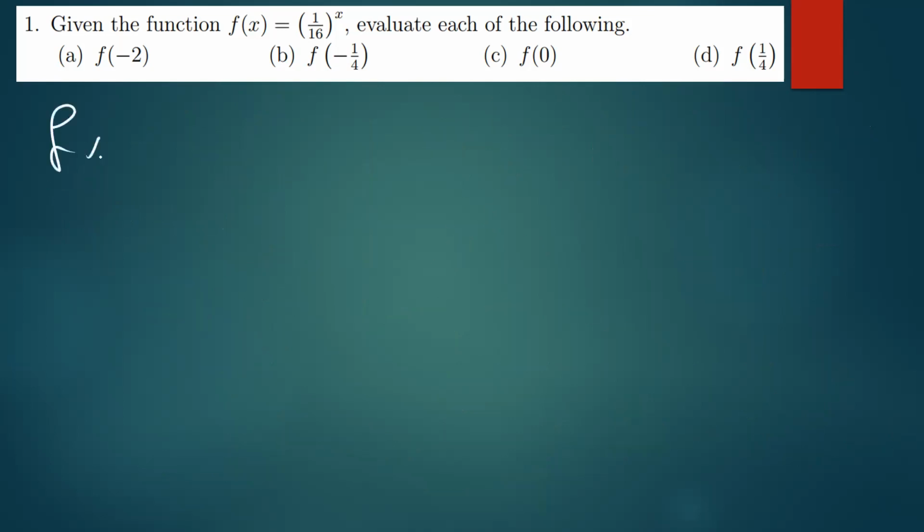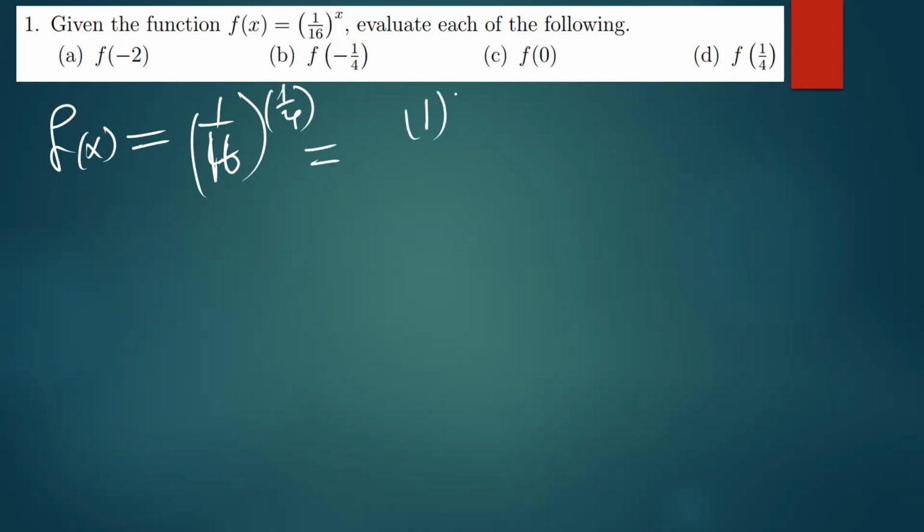So we have the function f of x is equal to 1/16 raised to the power 1/4. Where there's x, we put 1/4 there. So this is just the same as 1 to the power 1/4 over 16 to the power 1/4.